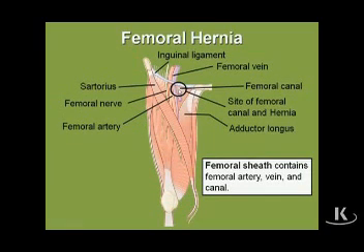So the point that I want to make here is that a femoral hernia, which presents here, and an inguinal hernia, which presents here, will both present as a bulge in the groin very, very close to one another. And the distinguishing characteristic that separates inguinal hernia from femoral hernia is that inguinal hernias exit above the inguinal ligament, where the superficial ring is, and femoral hernias exit below the inguinal ligament, where the femoral canal is.